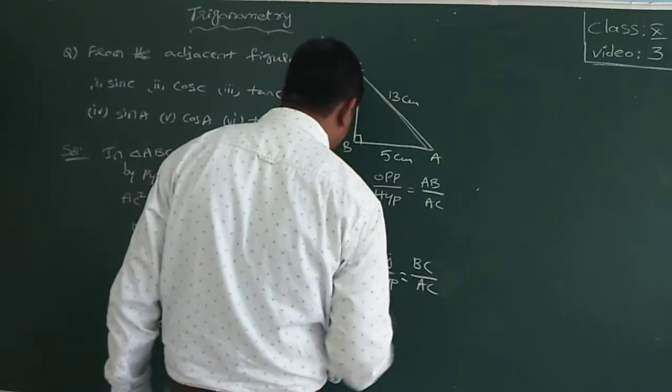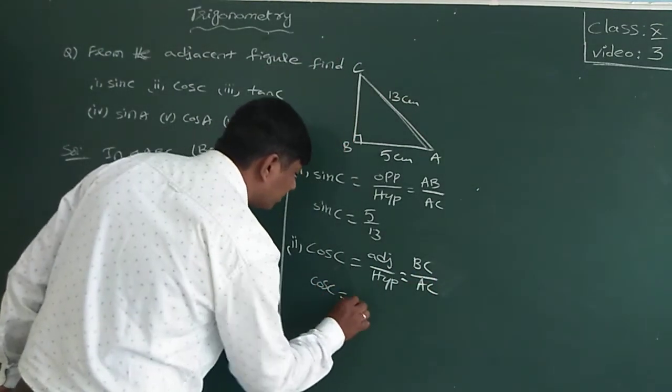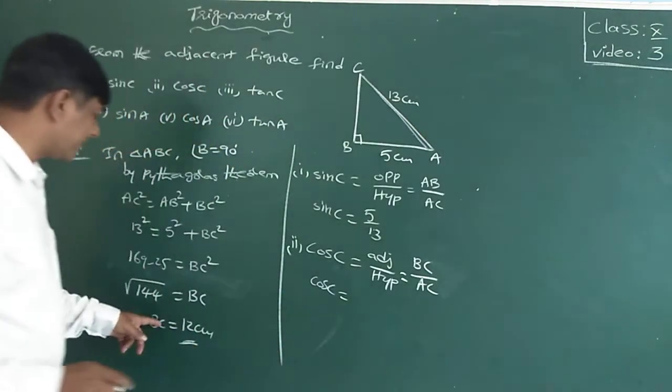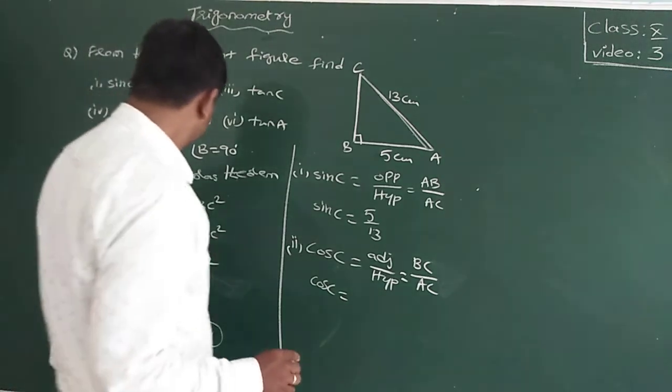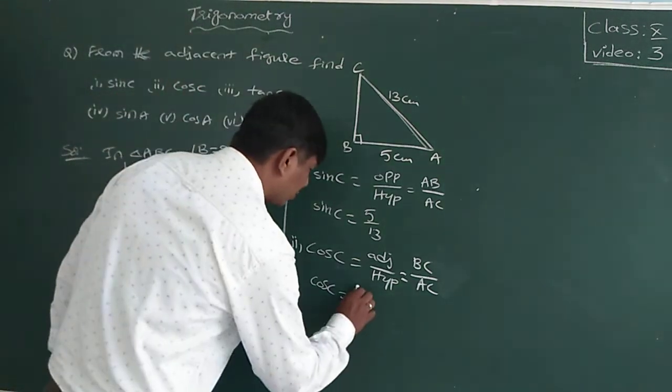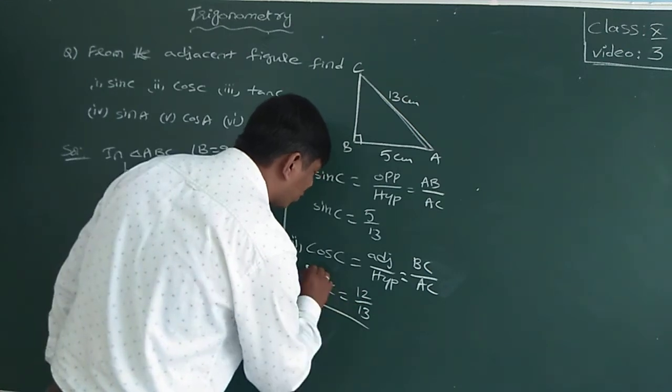So cos C is equal to BC, which I just got as 12 centimeters, by 13. 12 by 13. Will I get any cancellation? No.